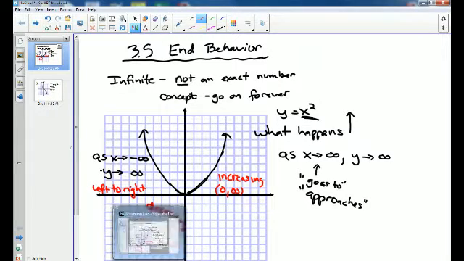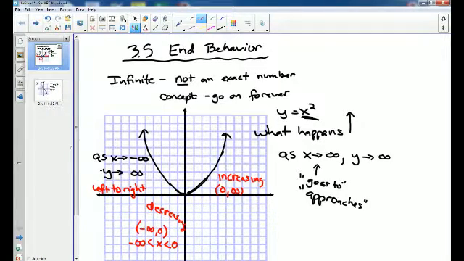I'm writing this in inequality notation, there's no equal sign. What happens when you get here? You're not going up or down, you're flat. So this point right here is flat.